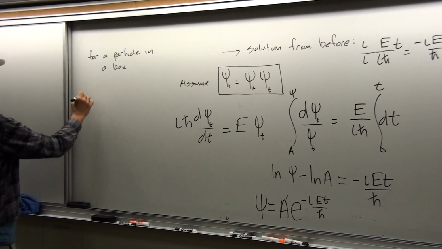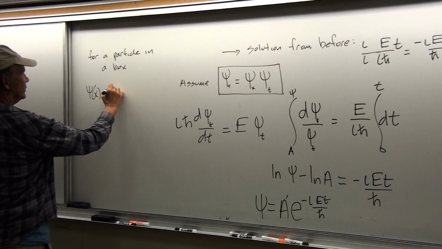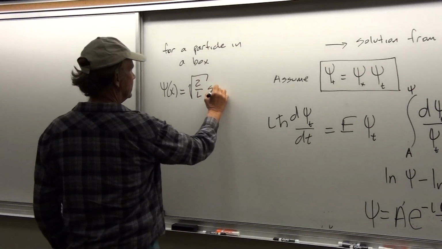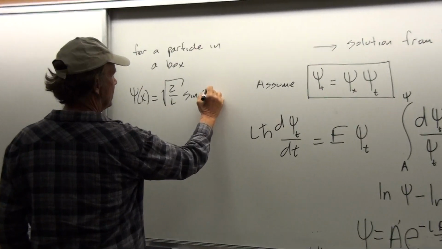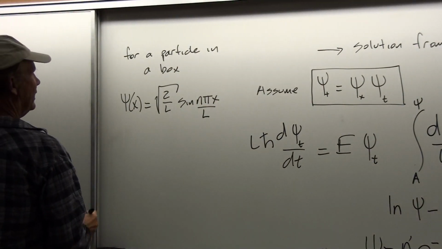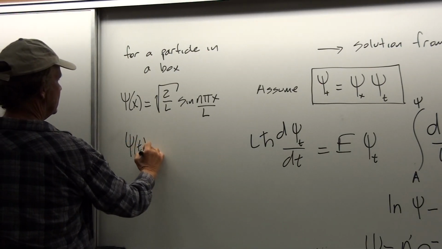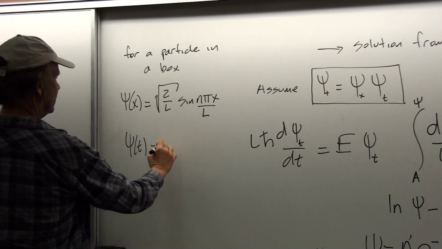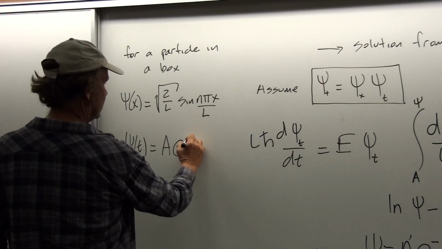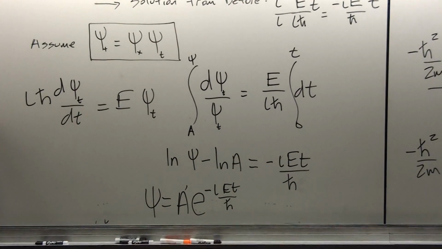What we saw before is that psi of x is equal to the square root of 2 over L times the sine of n pi x over L. And so now we have psi of t is equal to some other constant a times e to the minus i e t over h bar.